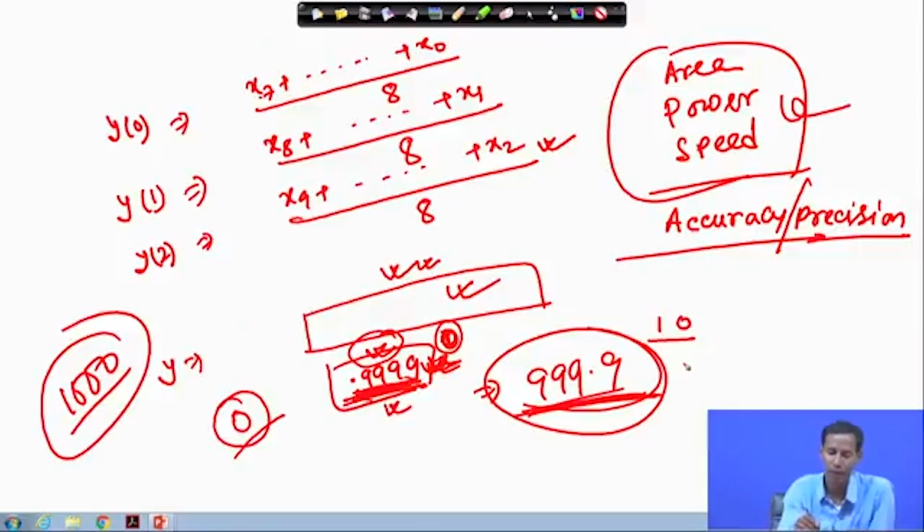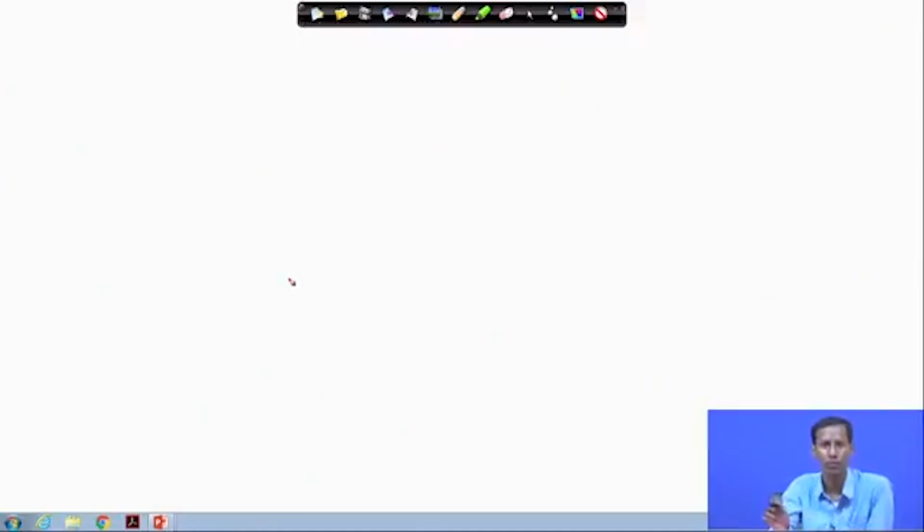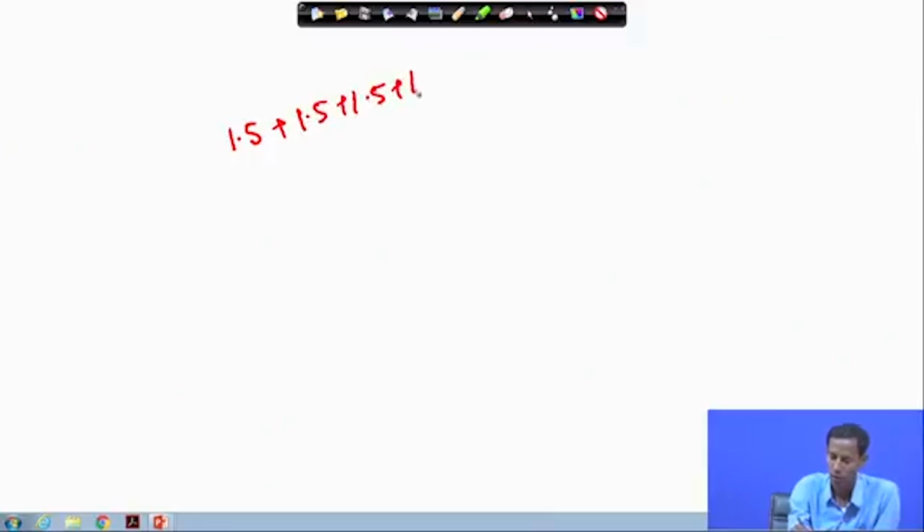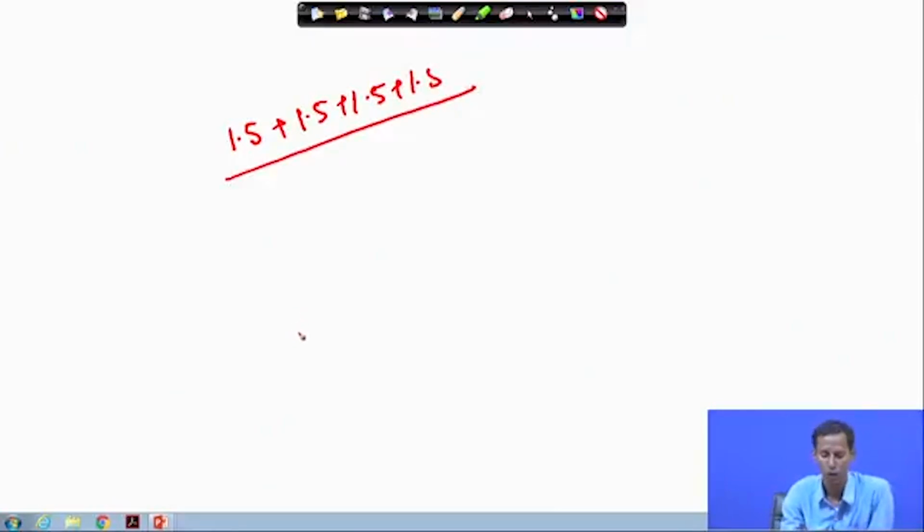The same thing, if I take another, different example. Let us consider 1.5, 1.5, 1.5 and 1.5; I have to add these 4 numbers.